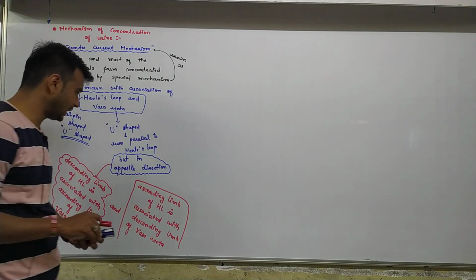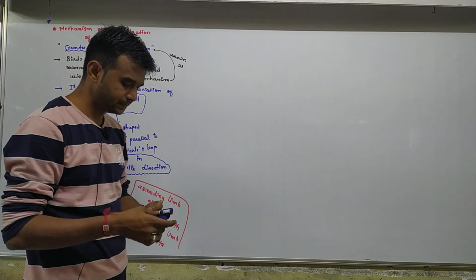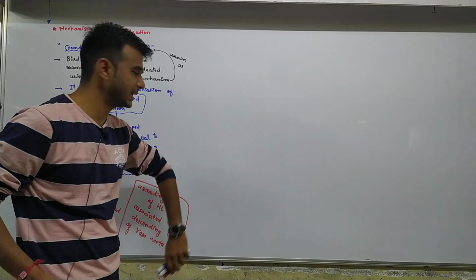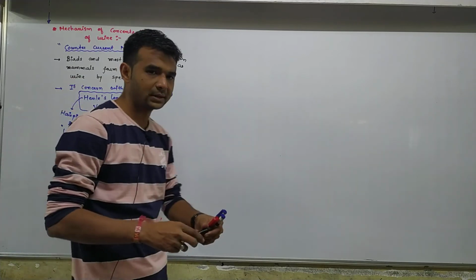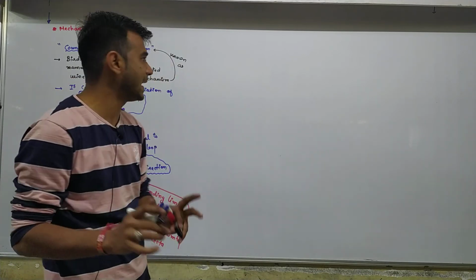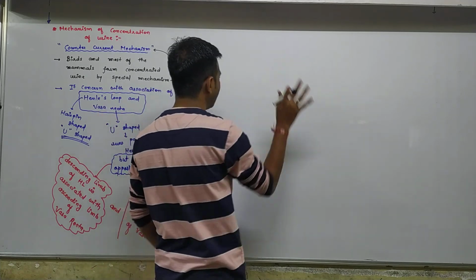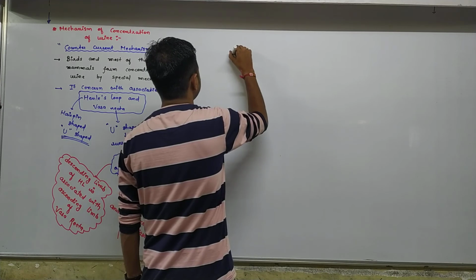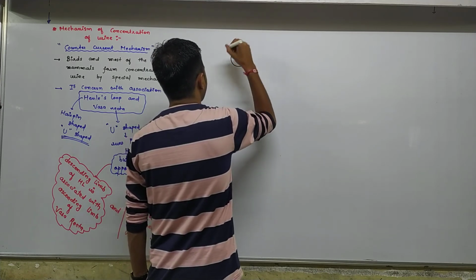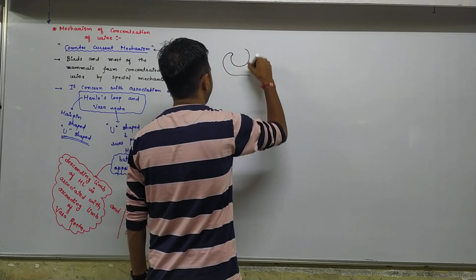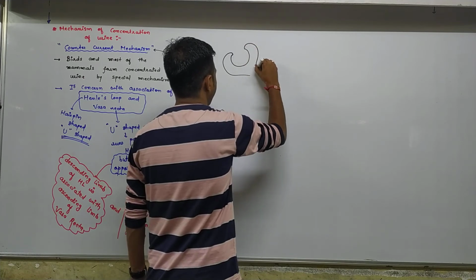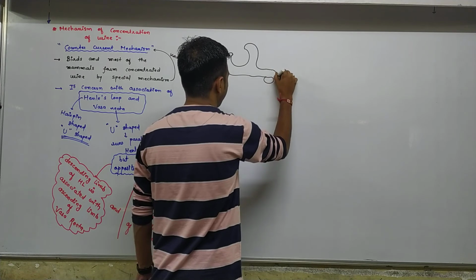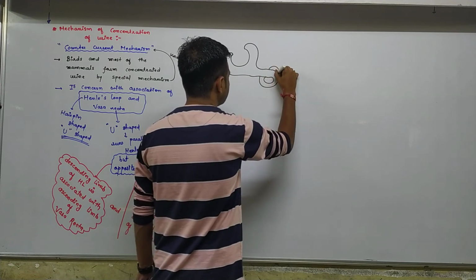Just I can do one diagram here so that we will understand it later on in the next lecture. But briefly, I want to draw the diagram only. Today I can revise it again tomorrow. Same diagram.